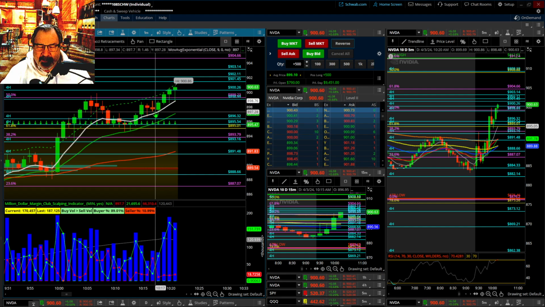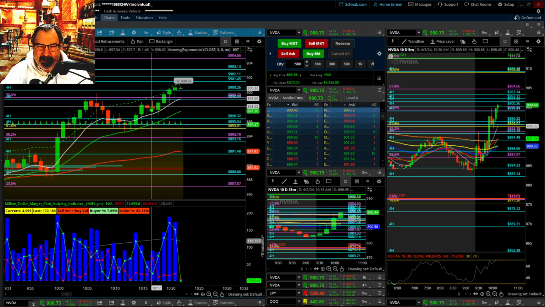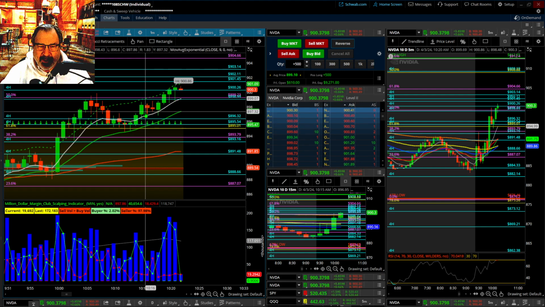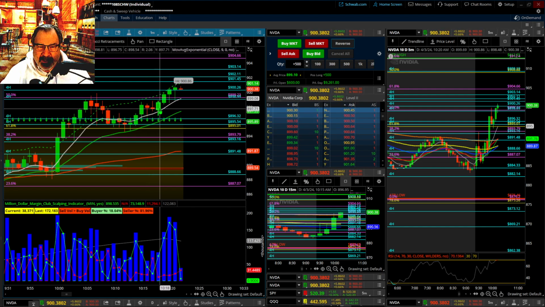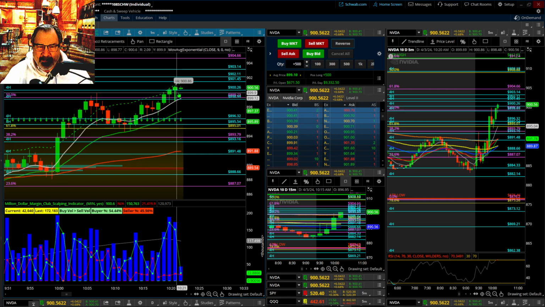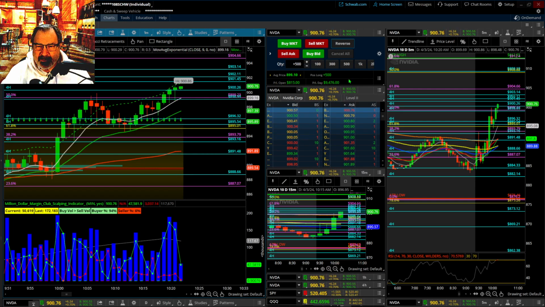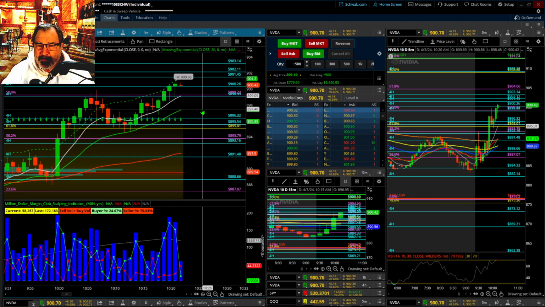This was kind of a fool-you. These patterns looked like they were sending it down, a shooting star and a hanging man, but then it fooled us. I think I capitalized on that. I don't think I've had a losing trade, actually, in my whole four trades.